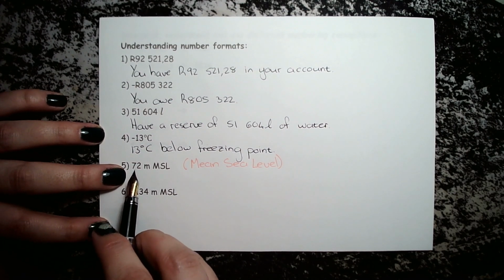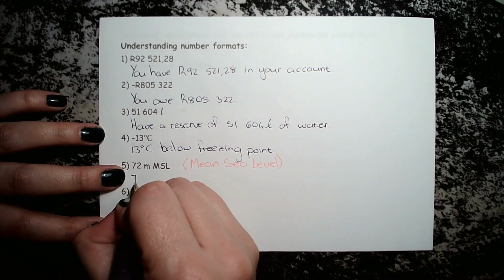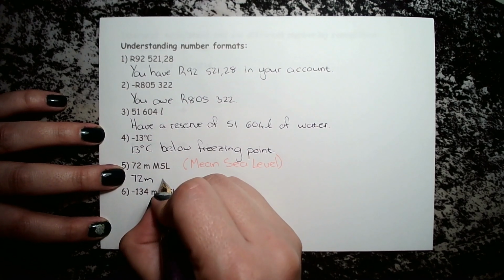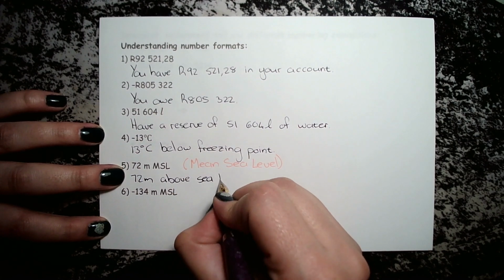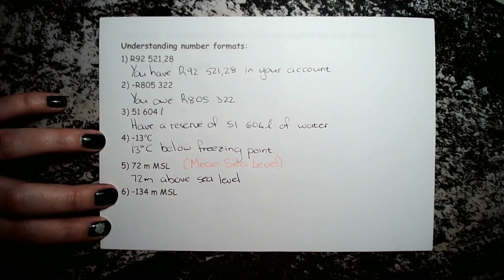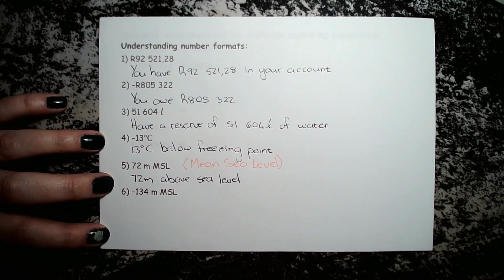If you've got 72 meters mean sea level, that means that you are 72 meters above sea level. Meaning above the water on a piece of land, probably. Could be in a plane, anything like that, but anything above the water level.